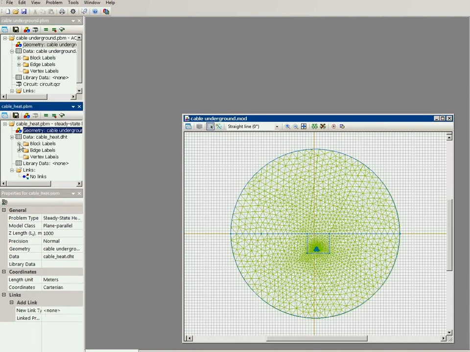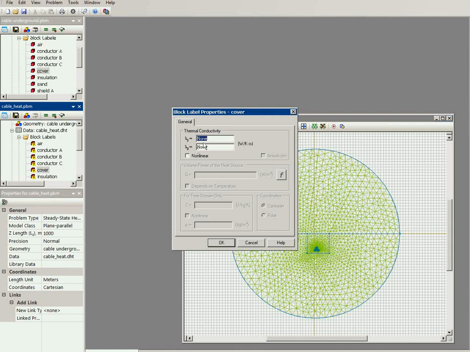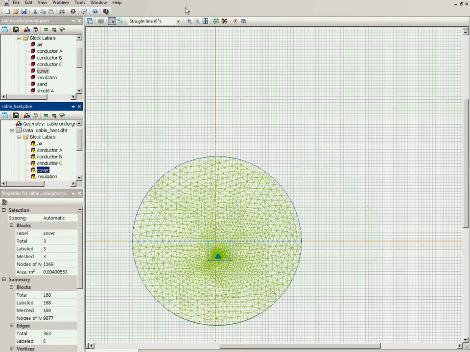Of course, in the heat transfer problem, you should specify thermal properties of each object. Now let's take a closer look at the geometry model again.